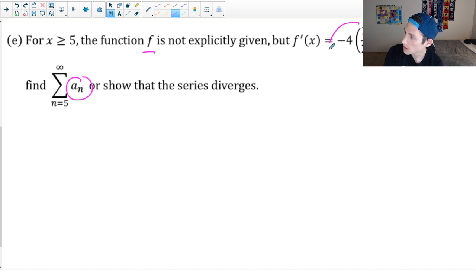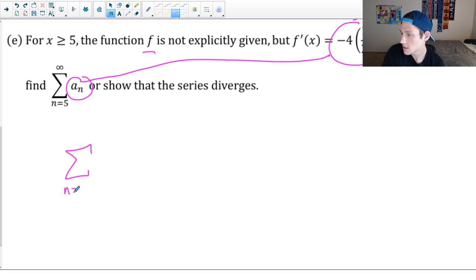Well, what is f prime? F prime is this. So really all we care about is that we are trying to find the infinite series from 5 to infinity of negative 4 times (1/2) to the power of x minus 5, but instead of x, we'll use n, because for series and sequences, we use n's.